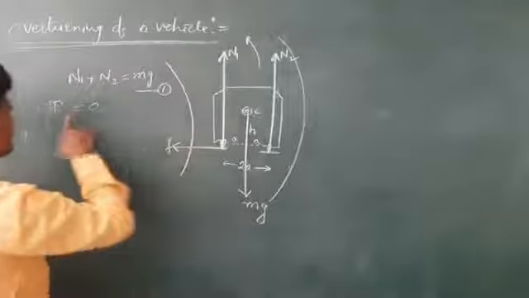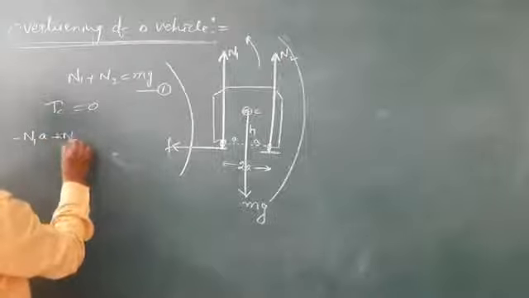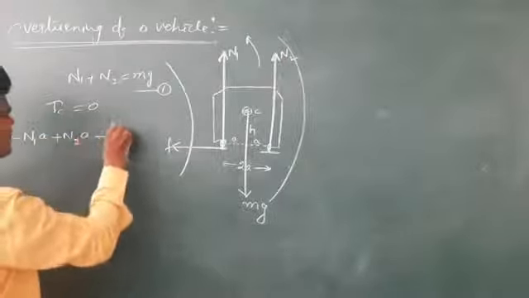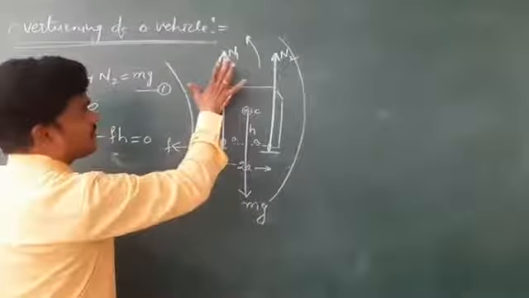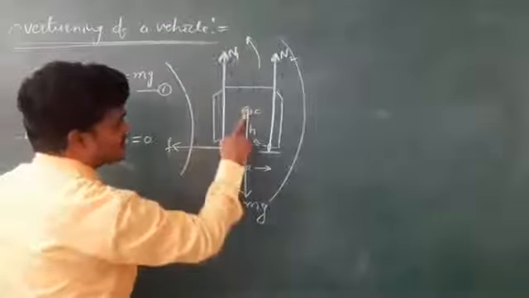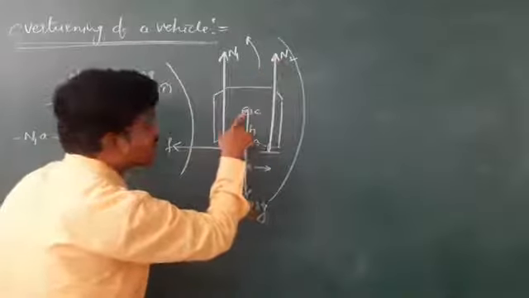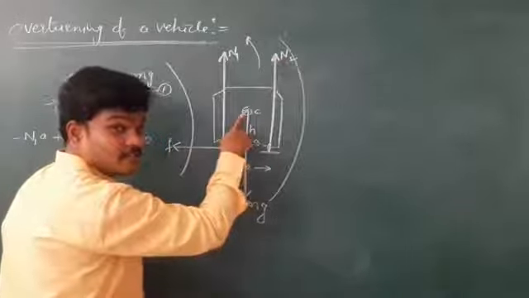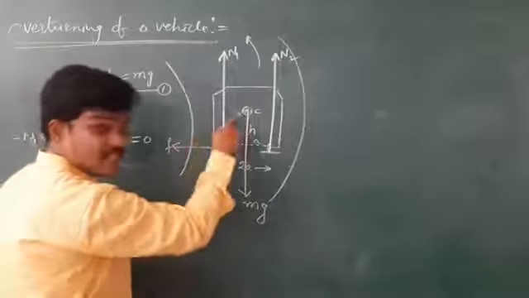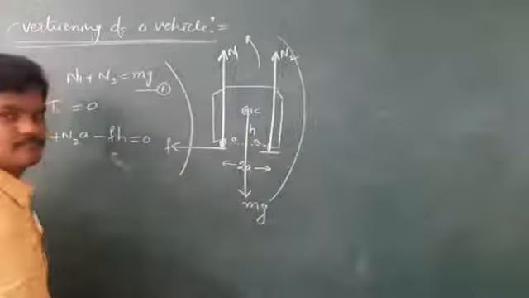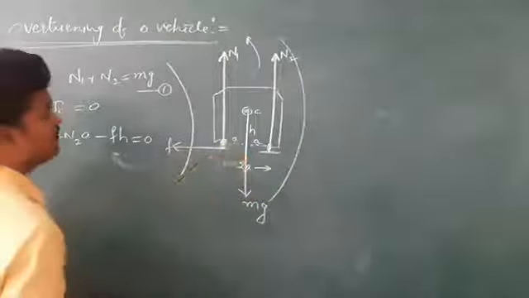Taking torque about C: minus N1 a plus N2 a minus F h is equal to 0. See, for the arrow tip, this is the right side, and right side means minus. For the arrow tip, this is the left side. You are finding torque about this point, and I am following this rule. And for this arrow tip, it is the right side, minus. That's it. You know R cross F means into the board.